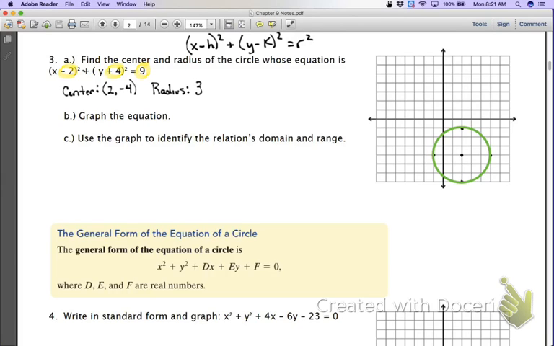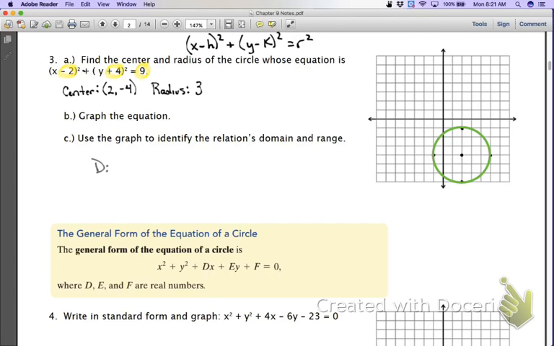Now, this one's a little bit different because we use the graph to identify the relation's domain and range. Really all it's going to be is where do my x values go from? From where to where?